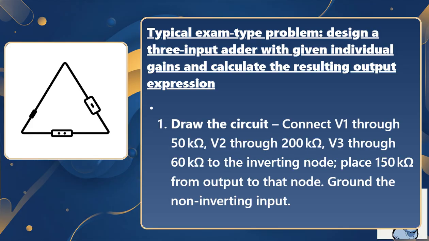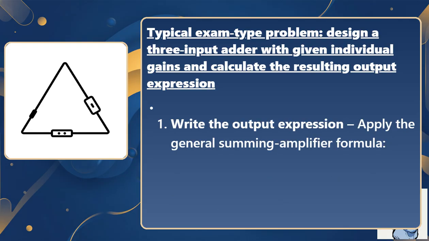Step 3: draw the circuit. Connect V1 through 50 kiloohms, V2 through 200 kiloohms, V3 through 60 kiloohms to the inverting node. Place 150 kiloohms from output to that node, and ground the non-inverting input. Step 4: write the output expression. Apply the general summing amplifier formula: Vout equals -RF times the sum of V1 over R1 plus V2 over R2 plus V3 over R3.